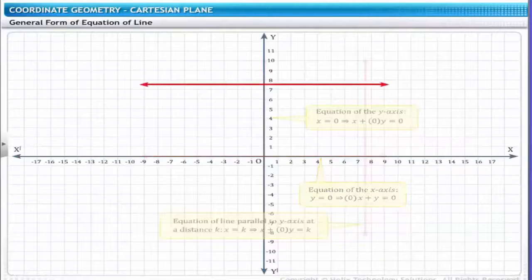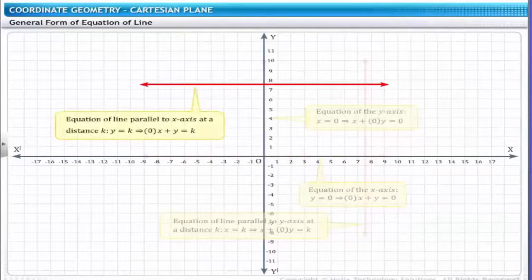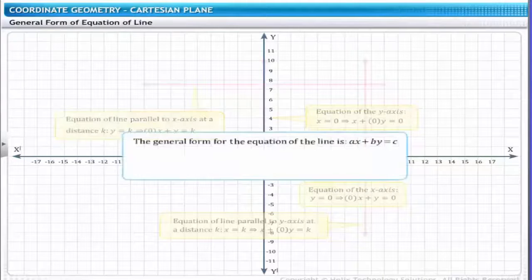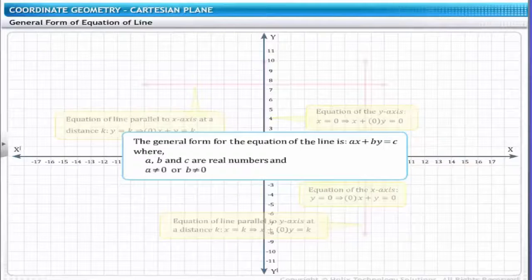And the equation of a line parallel to the x-axis at a distance k, y equals k, is represented as 0x plus y equals k. Therefore, the general form for the equation of the line is ax plus by equals c, where a, b and c are real numbers, and a is not equal to 0 or b is not equal to 0.